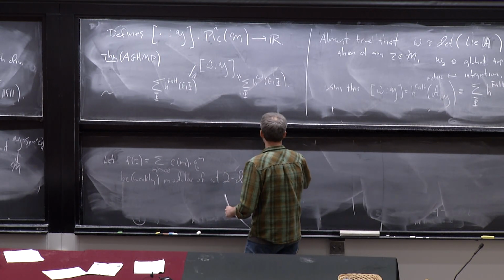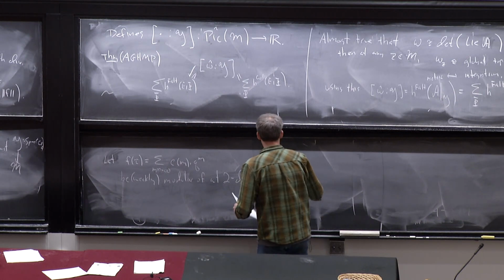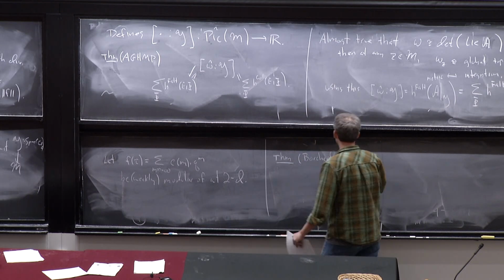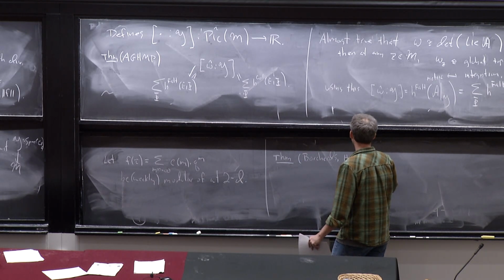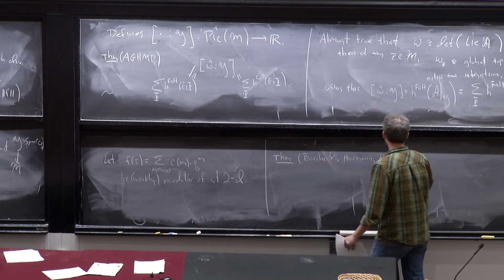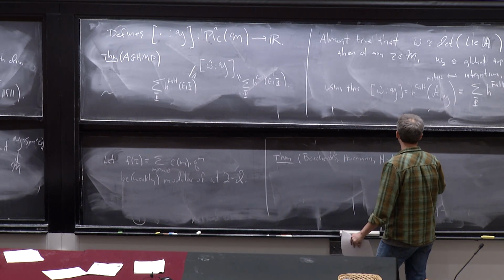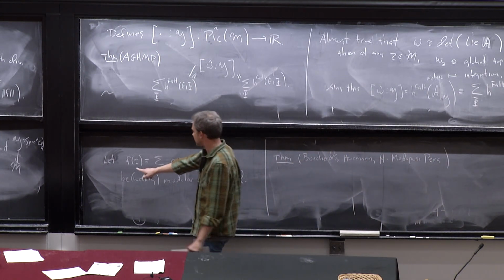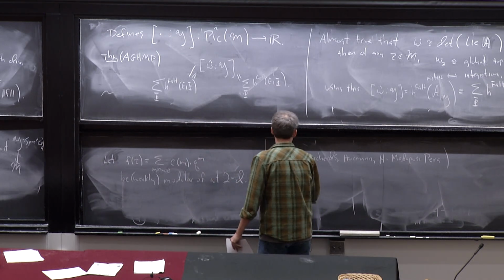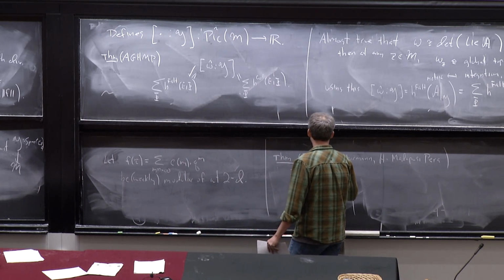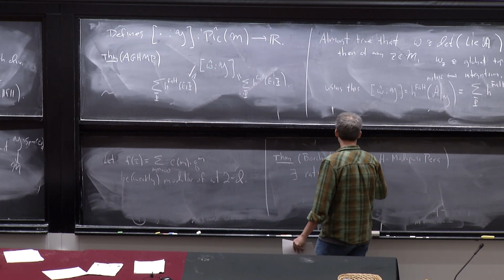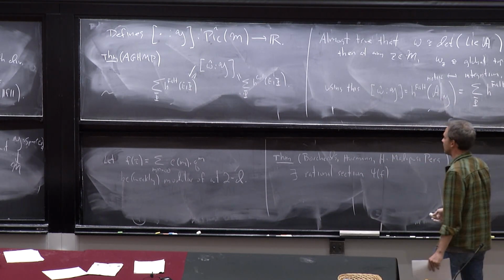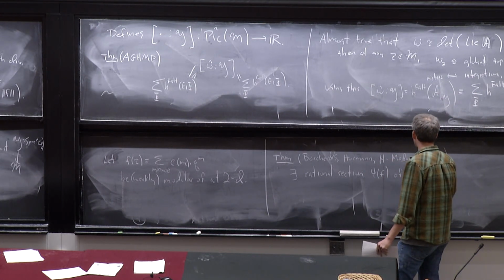So here's a theorem that's mostly due to Borcherds, and then there are some improvements due to Fritz Hörmann and myself with Keerthi Madapusi Pera. Given such an f, there exists a rational section psi of f, called the Borcherds product, or Borcherds lift of f, of a particular power of this line bundle.